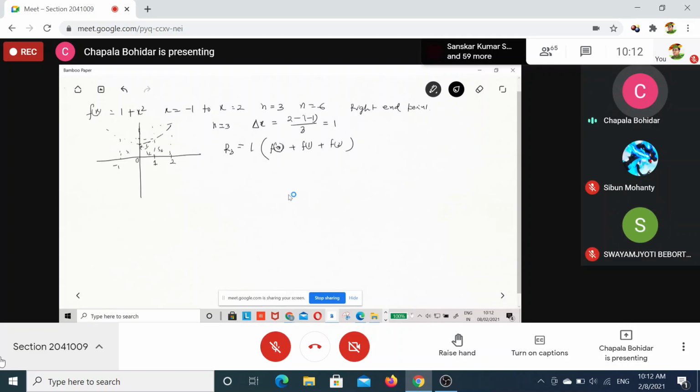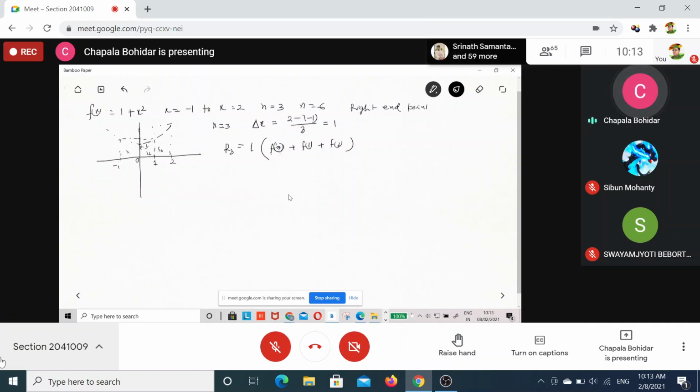Right endpoint, what did I say? How do you solve the problem using the right endpoint for these rectangles? On this rectangle, which one is the right endpoint? 0, so I have written f of 0.